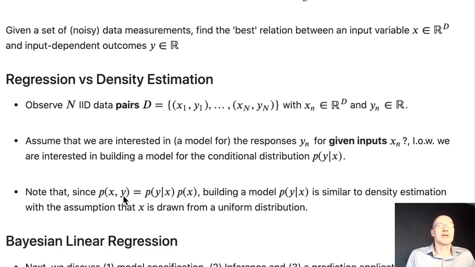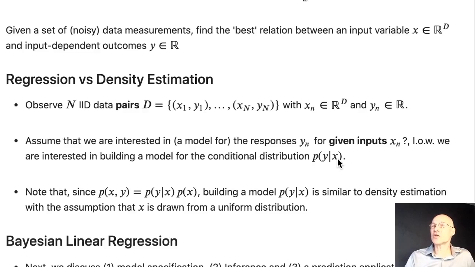What we usually do, though, is we assume that the inputs x are given, that there's no noise in the measurement of the input. I give you an x, and I just want your prediction for y. So really, we're now interested in a conditional distribution: the probability distribution for the response y given x.